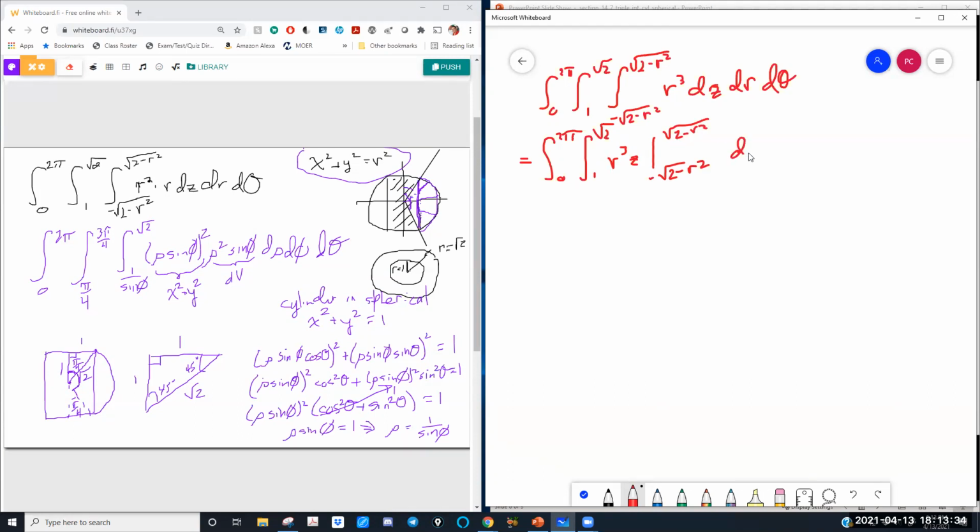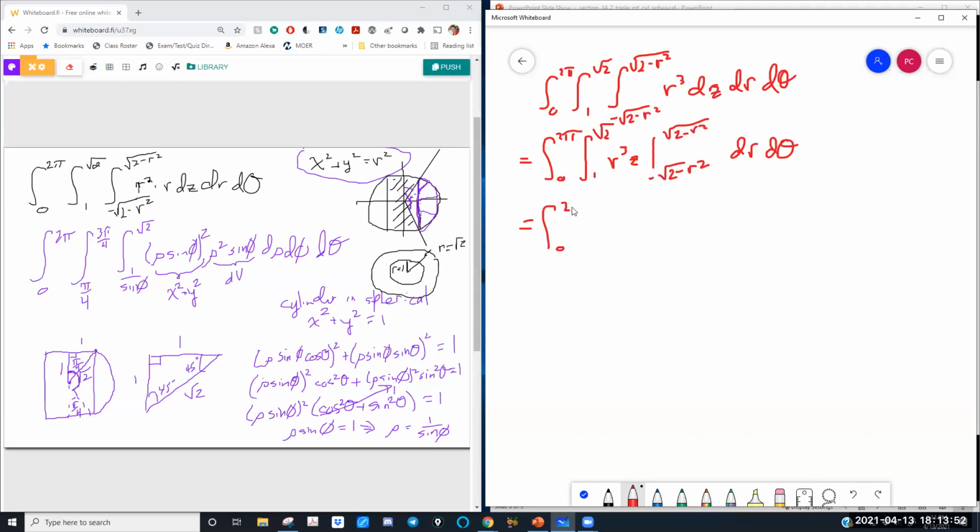And then we still have to deal with dr and d theta. So plugging those in for z, we're basically going to get this minus the negative of this. So we're basically going to add those two together.